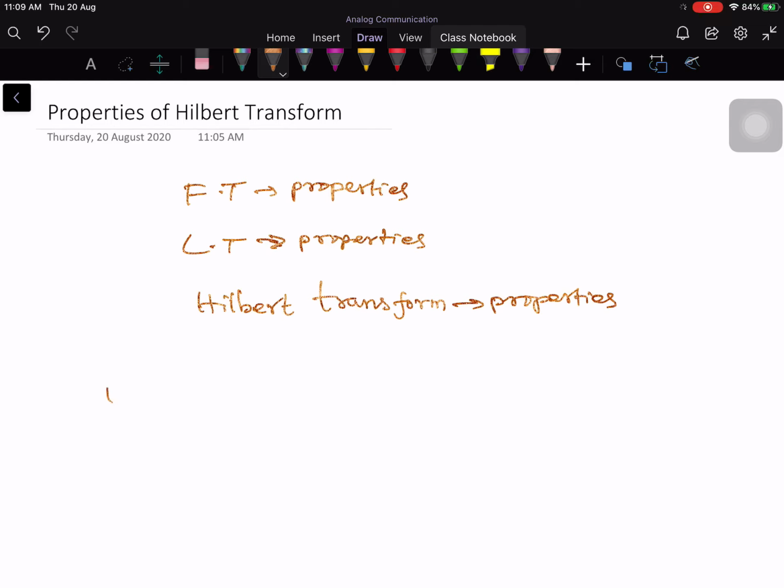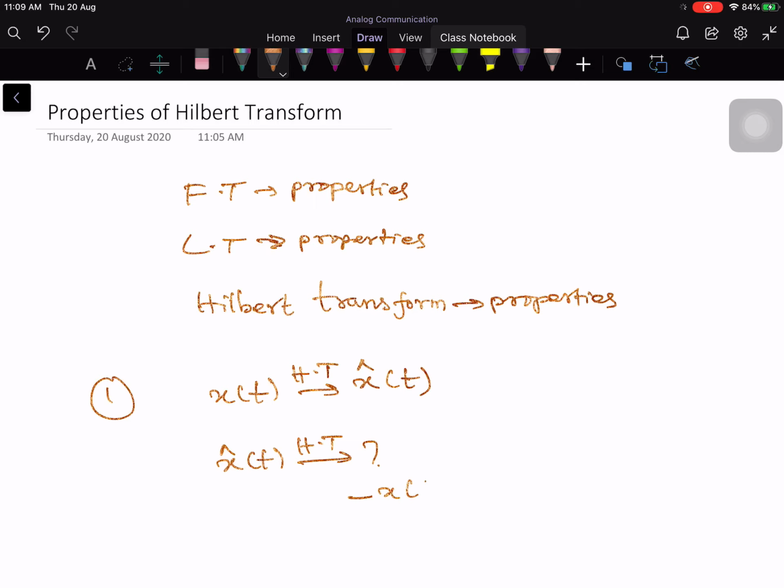Now the first property is that we know that if you take the Hilbert transform of x of t, I will denote by h of t, then you will get x hat of t. Then take Hilbert transform again, what will we get? We will get minus x of t.